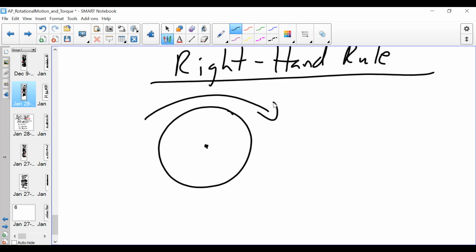We know that there's a centripetal acceleration, all that good stuff. But in this configuration, if we have this clockwise rotation and the linear quantity in question is tangential velocity, we know that the angular quantity associated with this tangential velocity is our angular velocity.